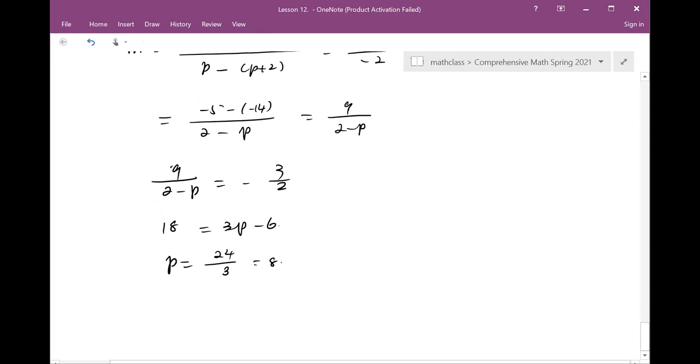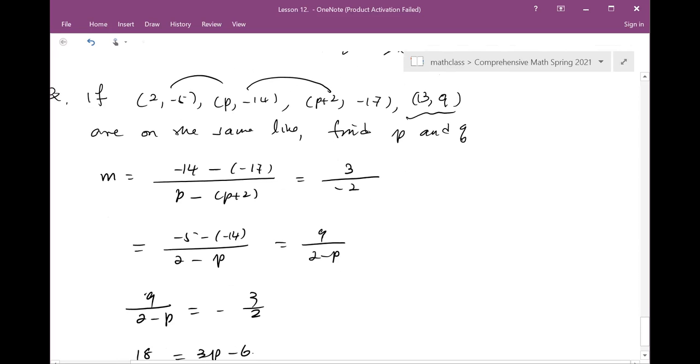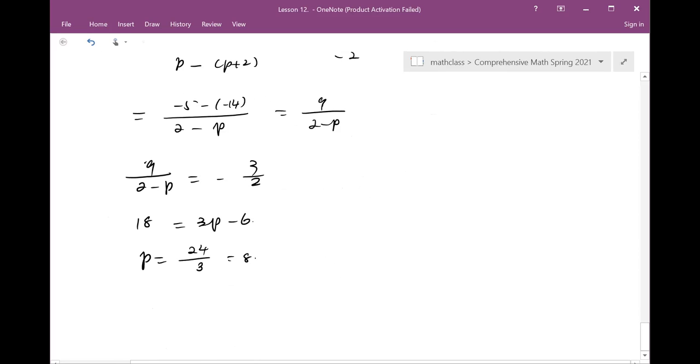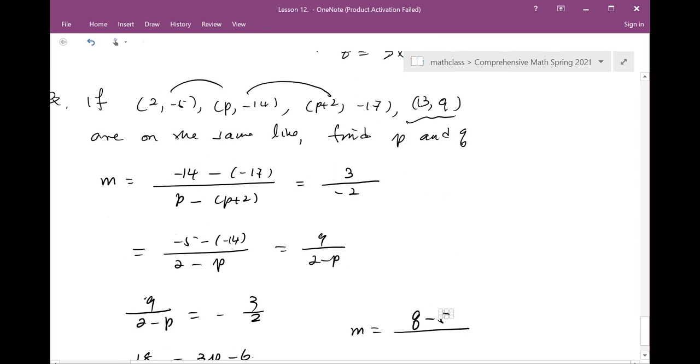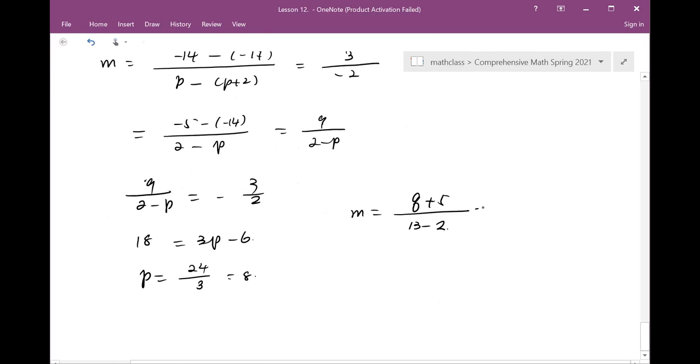Then you use this point 13 and the Q. Okay, and with any of these points. Okay, let's use -5 and 2, and -3. Okay, so the slope, right, is Q minus -5, so Q plus 5, over 13 minus 2. Okay, so that's it. It's Q plus 5, and that is 11.